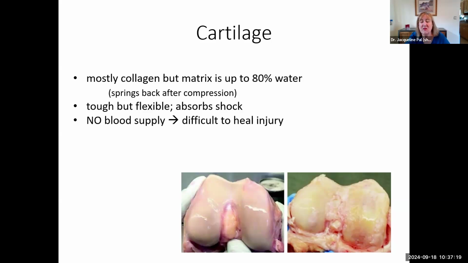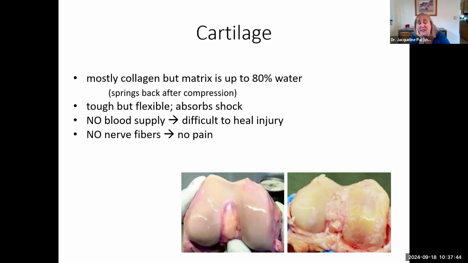What does that mean? It's really, really difficult to heal injuries. If you ever follow professional athletes and you hear about them getting injuries to their medial or lateral meniscus, you know that that can be a career-ending injury.